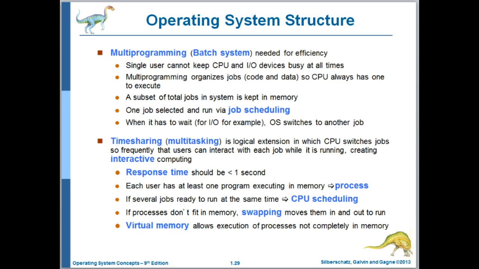In a batch system, that quantum is longer, because each context switch is overhead. In a sense, the system isn't performing useful work, where we define useful work to be executing user programs. So in a batch system, quantums are longer to make better use of the CPU. In time-sharing systems, the quantum is kept shorter just to provide the illusion to all the users that they're the only ones using the system.